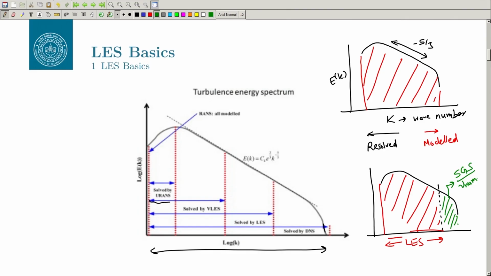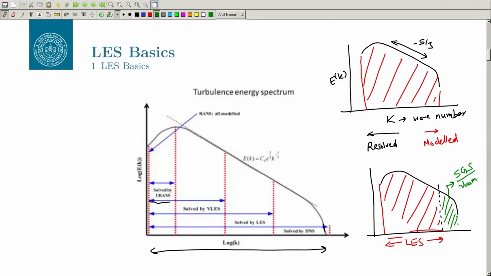But one important thing you need to understand is that in a RANS simulation, we have been talking about grid convergence, that the solution should be independent of the grid. In LES, it is very difficult to quantify grid convergence, because as you change your grid size, say you want to resolve 90% instead of 80%, you refine your grid and now it resolves up to 90%, up to the blue line.